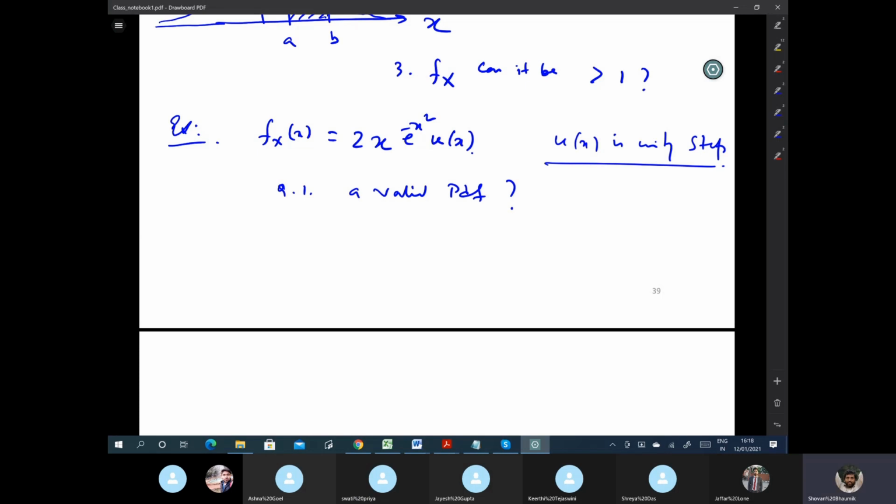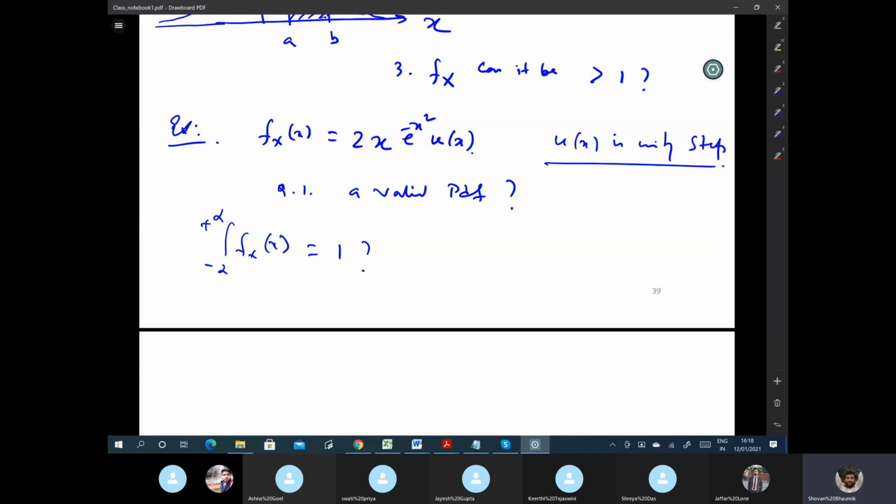Okay, fine, very good. So to see a valid PDF, we need to check a few things. First thing is whether it is normalized or not. For that we need to see whether the integral from minus infinity to plus infinity of fx of small x is unity or not. Can you check it?